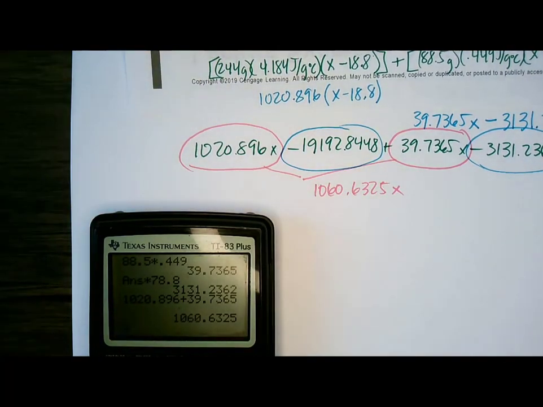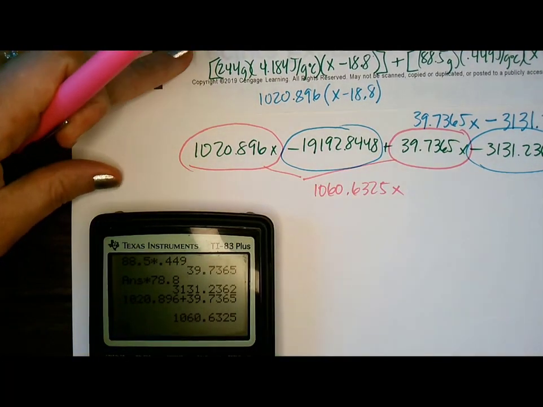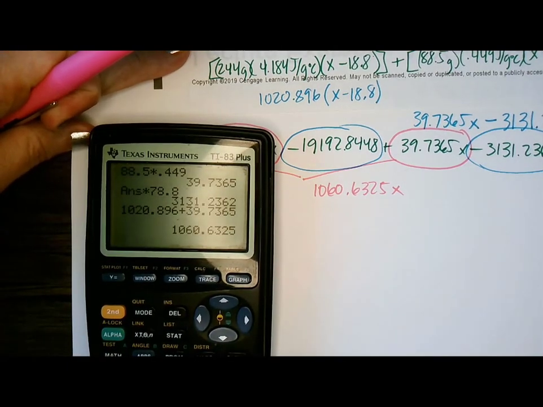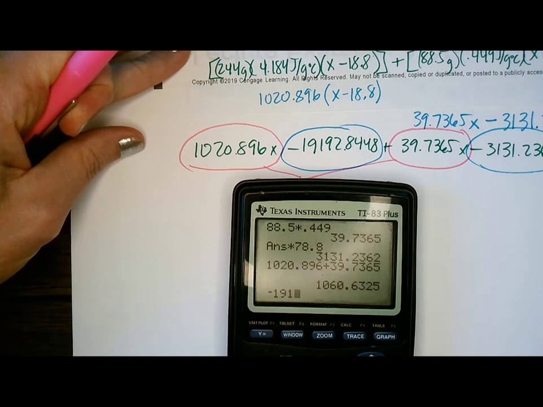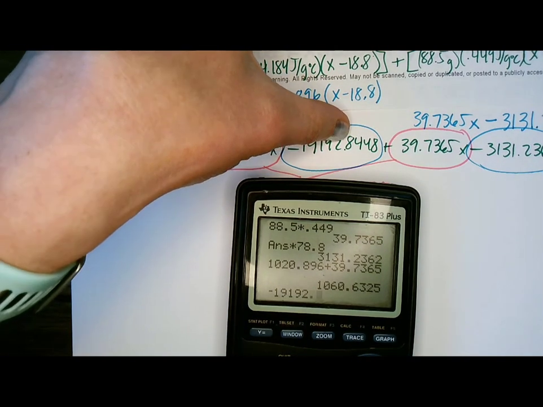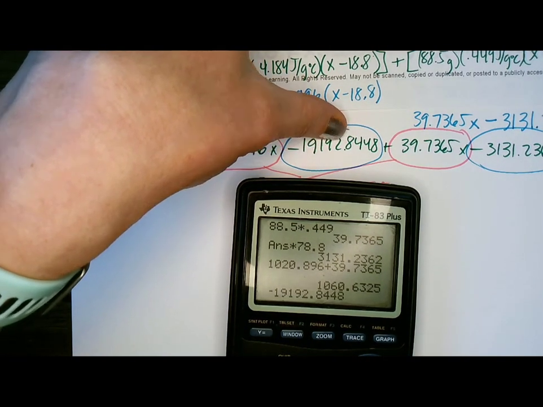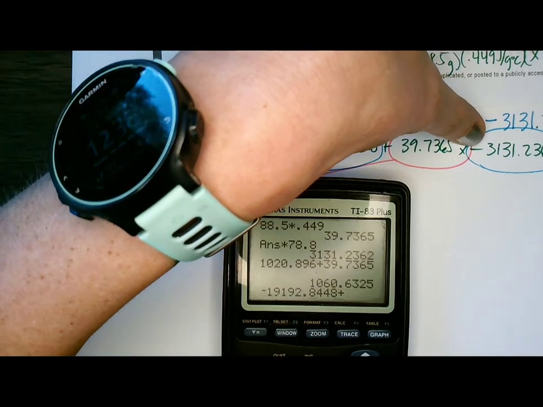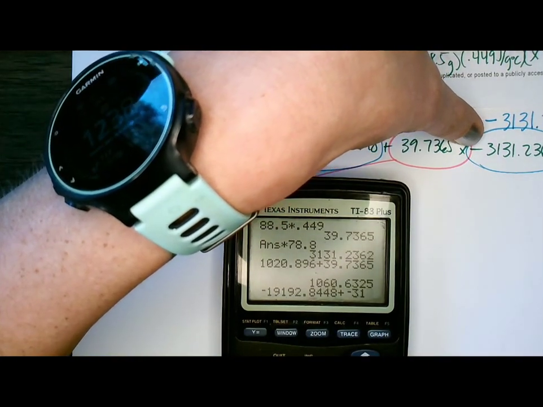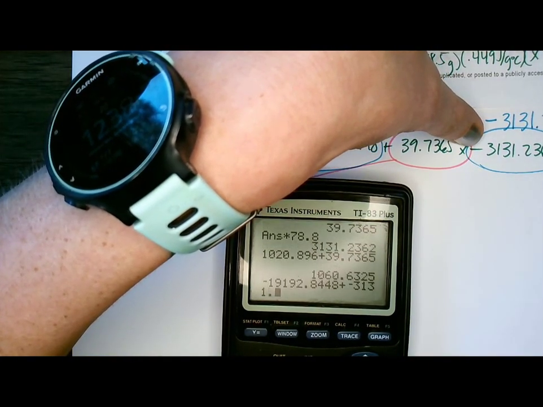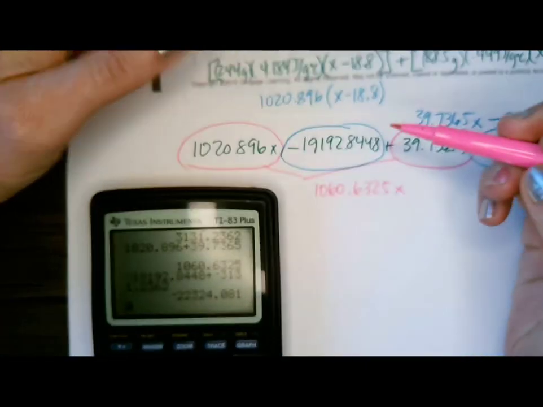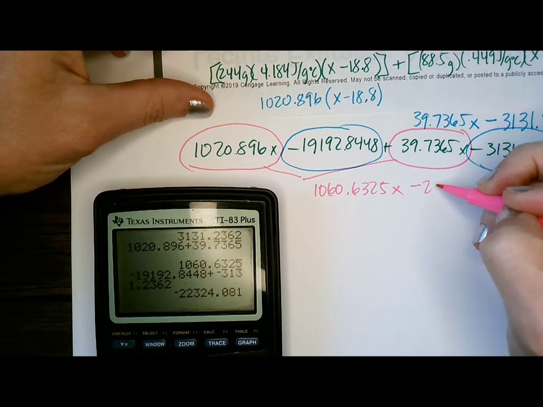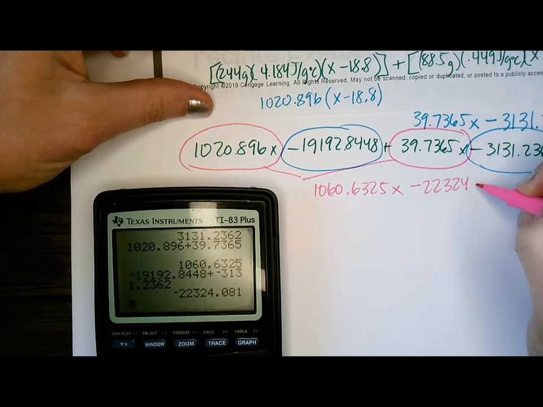Now let's combine my numbers. So I've got negative 19192.8448 plus another negative 3131.2362. So I've got minus 22324.081 is equal to 0.